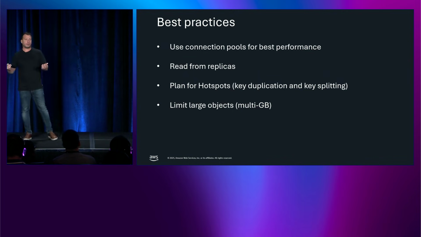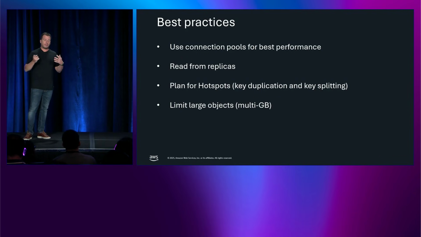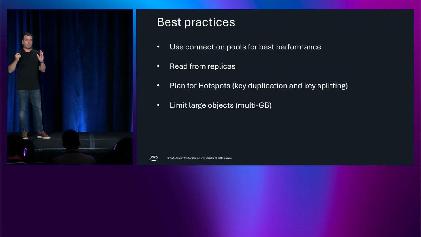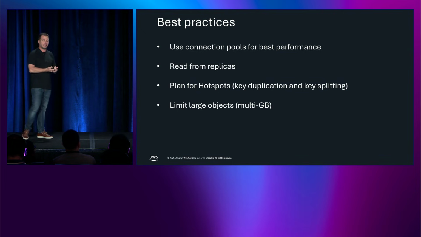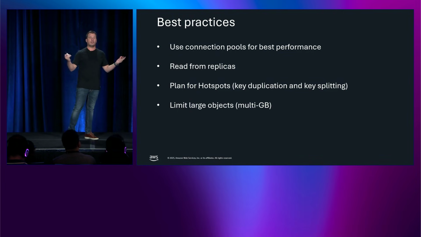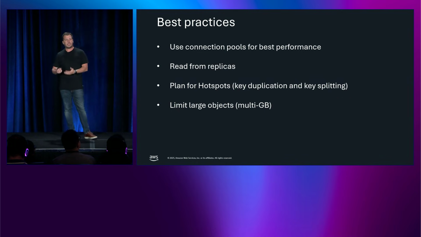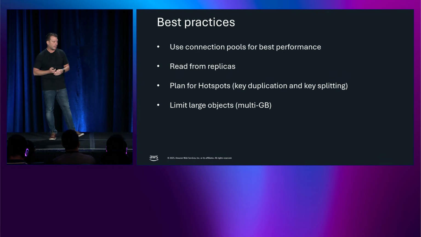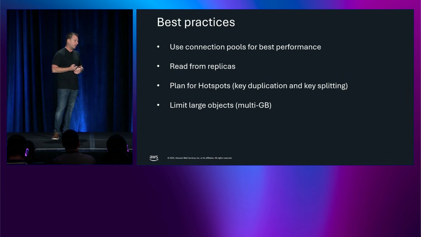We talked about hotspots. We have two mitigations for that. Elad mentioned key duplication, where you can duplicate the keys and use all the hardware resources that you have on your cluster. We talked about key splitting, where you can split a specific key across your shards and read even more throughput on that specific key.